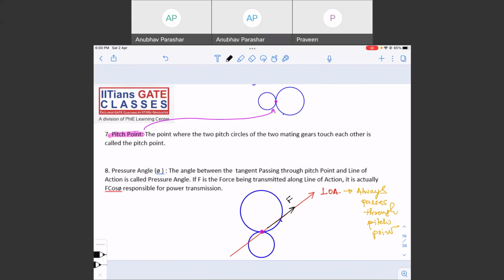Now, this force F can be resolved into two parts, Fr and Ft. Fr is the radial force. Ft is tangential.